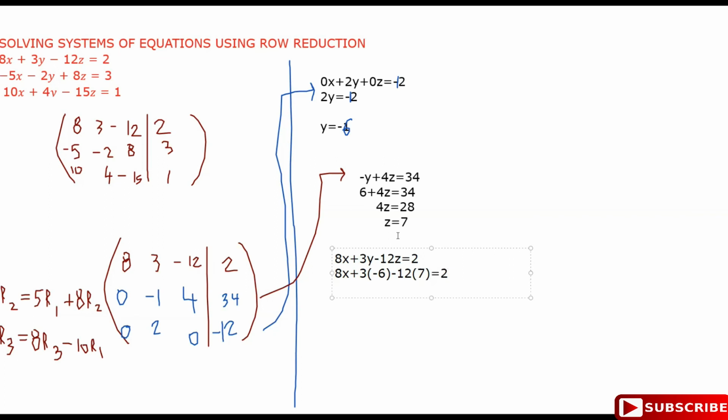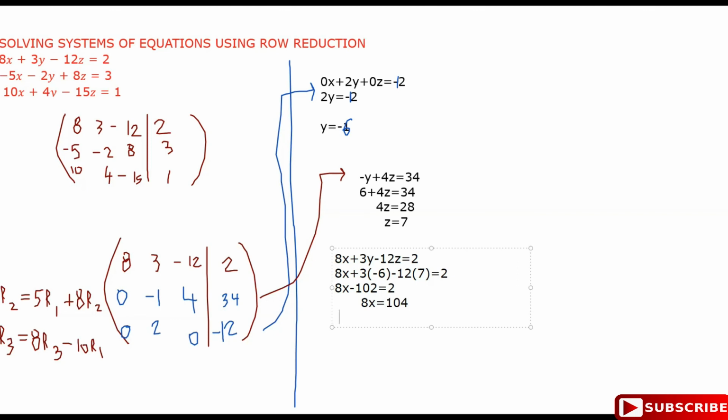So we transpose for x to get 8x is equal to 2 minus 3 times -6 minus 12 times 7, that's -102. So we have 8x minus 102 equal 2. Bring that over to get 8x equal 104.